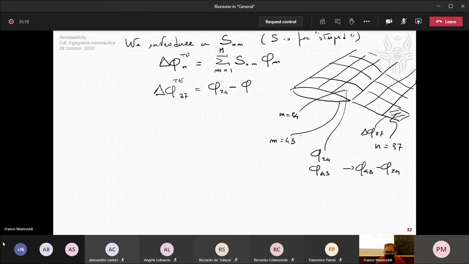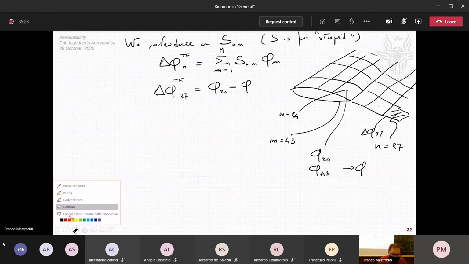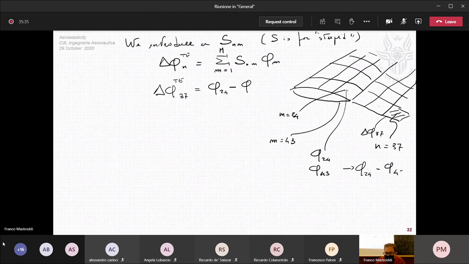Excuse me, this is not true. Delta phi is phi 24 minus phi 43. And how can we do this? You just have to choose S nm in such a way as to have S nm equal to 1, minus 1, 0.